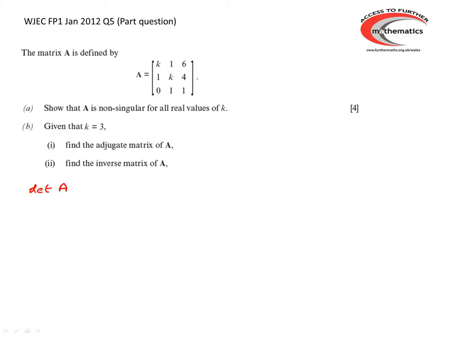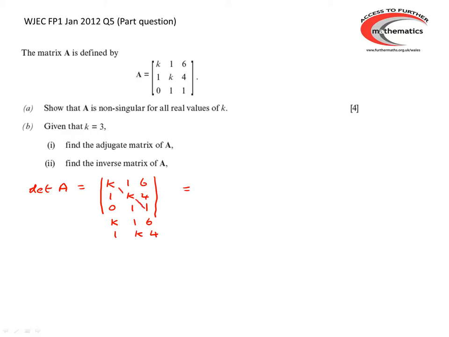So the determinant of A is the determinant of the matrix with rows k, 1, 1; k, 4, 0; 1, 1. In order to work this determinant out, what I like to do is write down the first 2 rows again underneath, and then start working out the products of the diagonals.